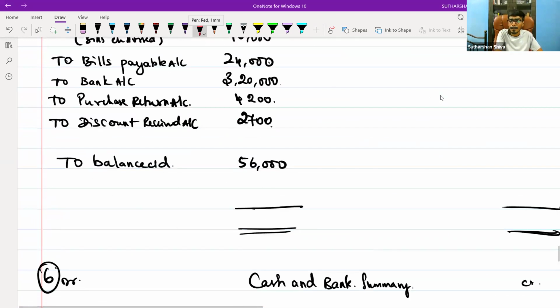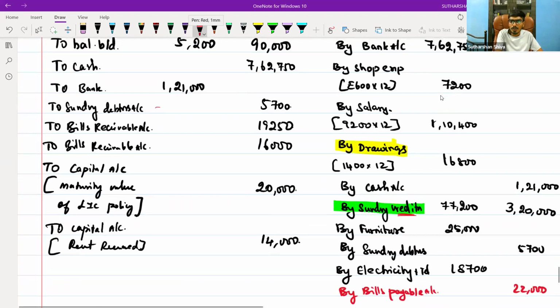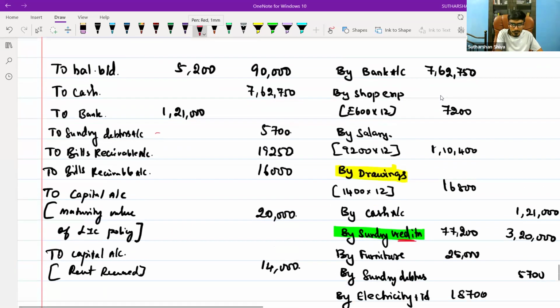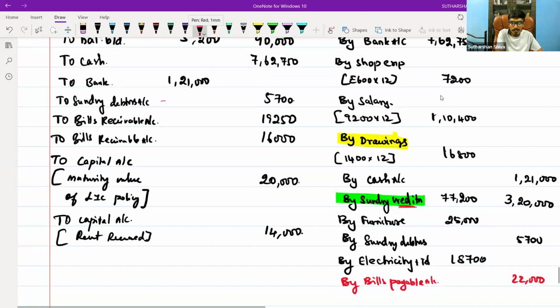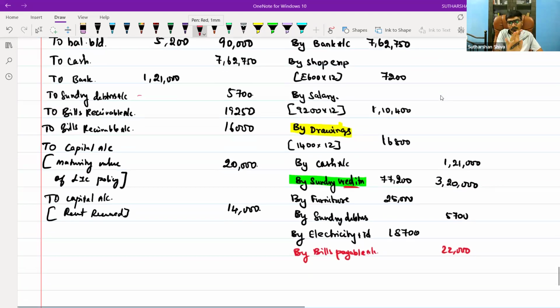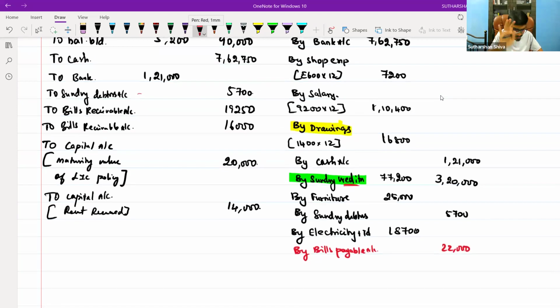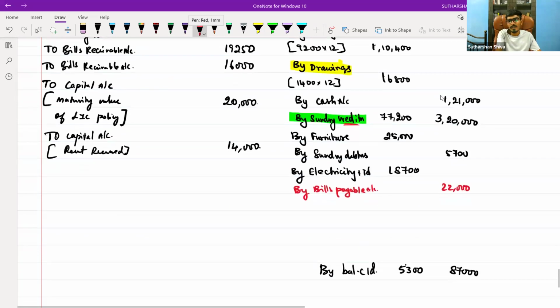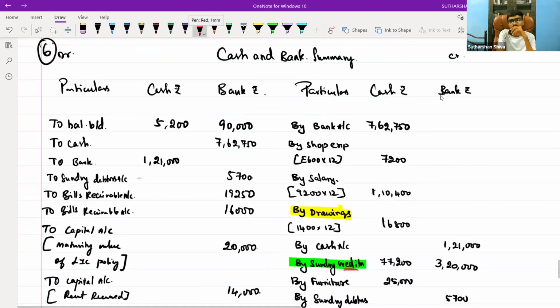Okay. Now tell me, which side of the bank column is higher?